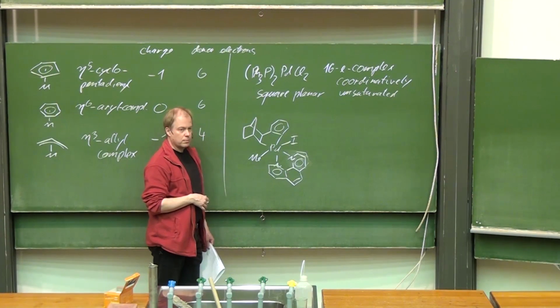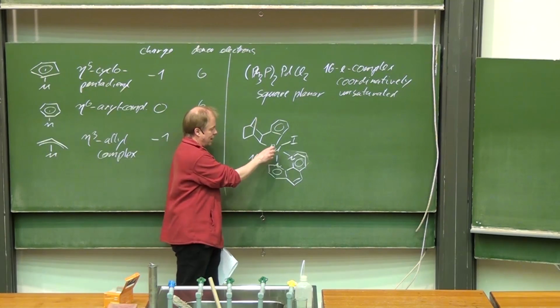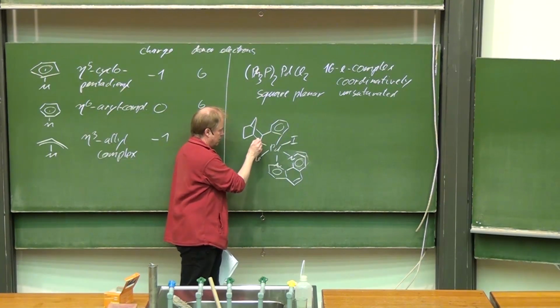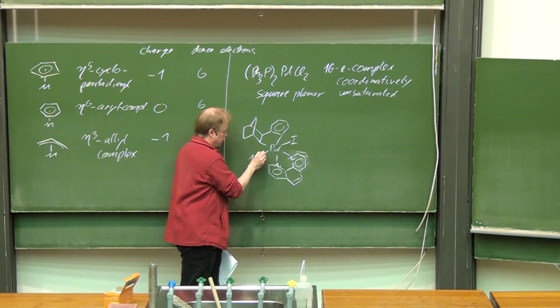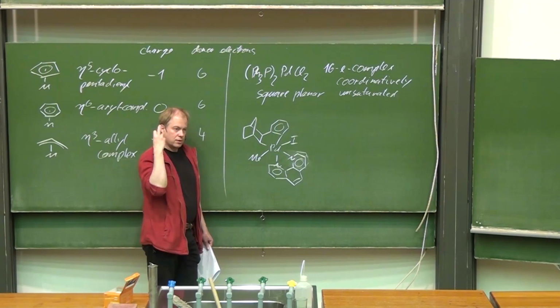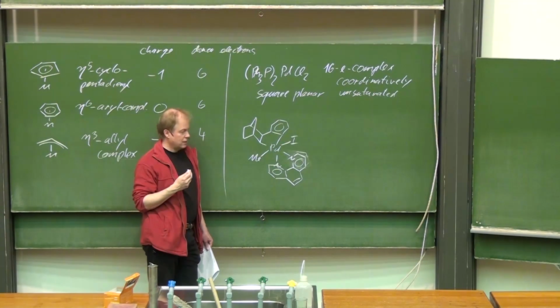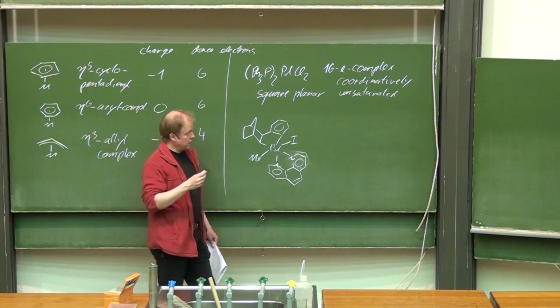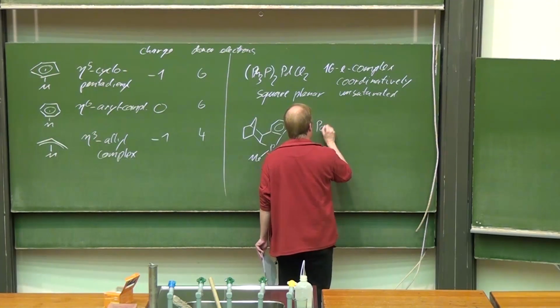So what kind of complex do we have here? Now we have 4 substituents which are regarded as charged -1. That means this is a palladium 4 complex.